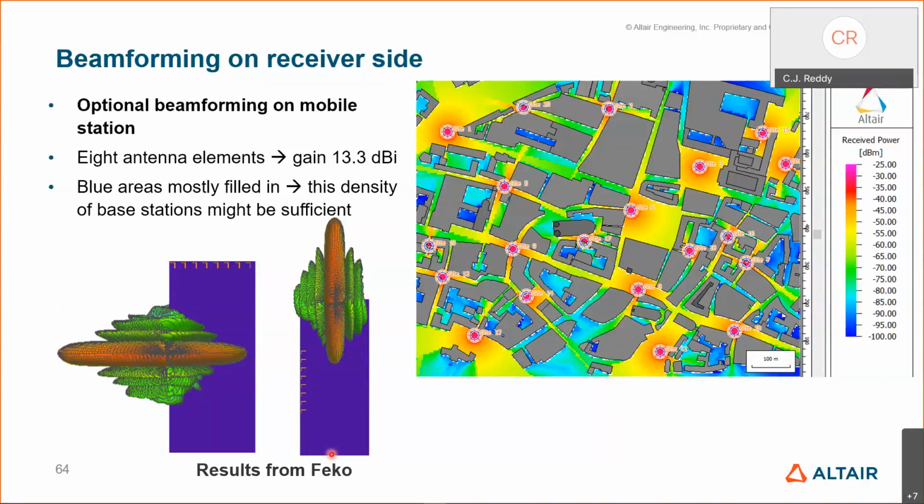So where do we get the space to put all these antennas into the mobile device? That's a big challenge that fortunately I don't have to deal with personally, but our customers in the mobile device area do.